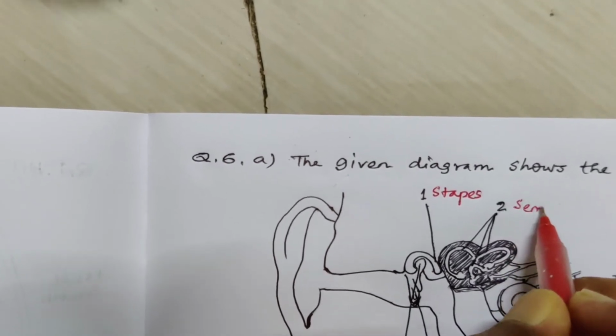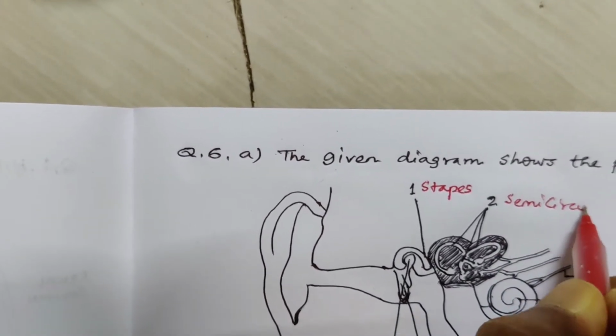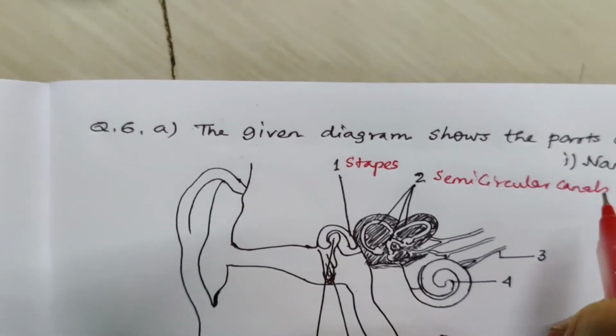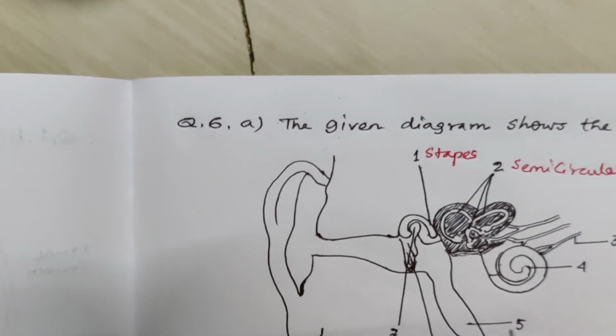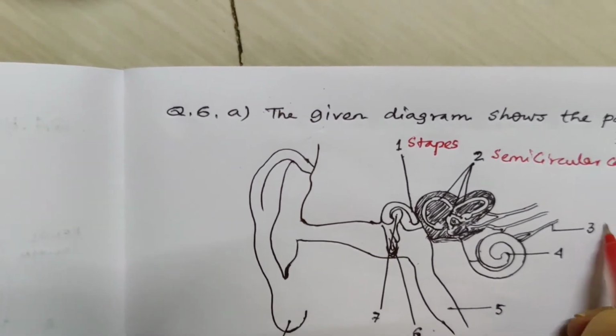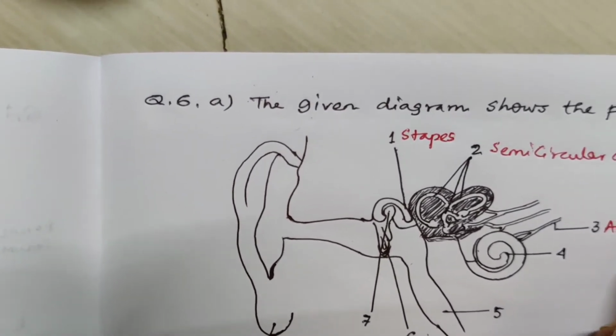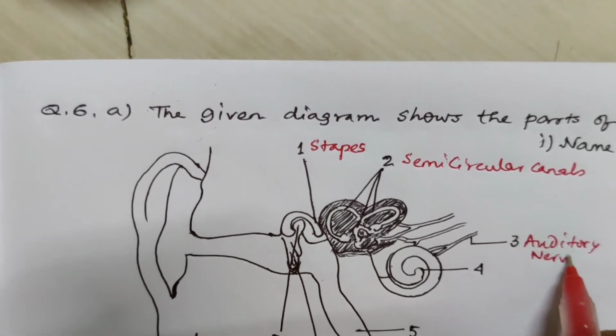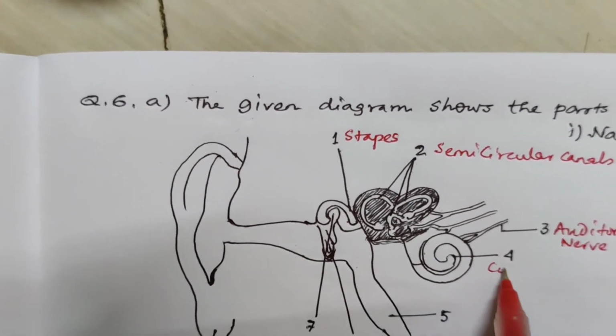Semicircular canals. Number 3 is the auditory nerve. Number 4. Cochlea.